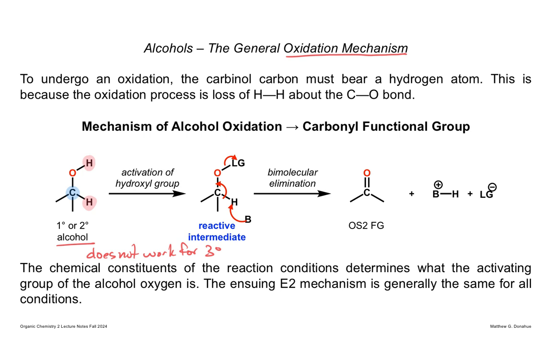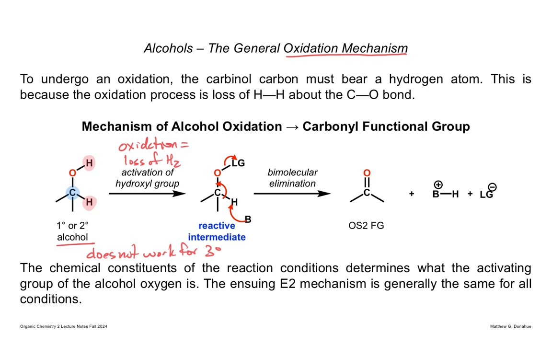So a way of thinking about oxidation is the loss of H2 across that bond. The carbon and the oxygen are both losing an H. That's the equivalent of H2, so it's overall oxidation.